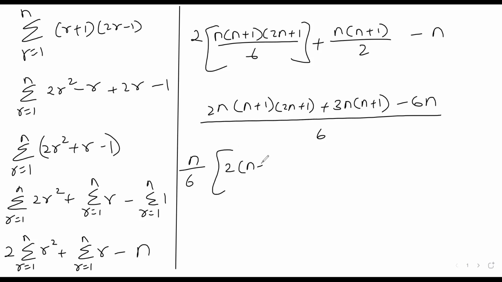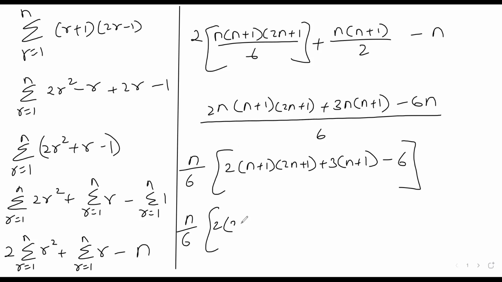It is 2 into 2n plus 1 plus 3 into n plus 1 minus 6. So this is n by 6. If we expand this, it is 2, 2n square plus 3n plus 1 plus 3n plus 3 minus 6. Further, it will be n by 6.